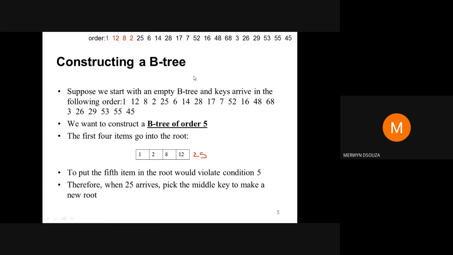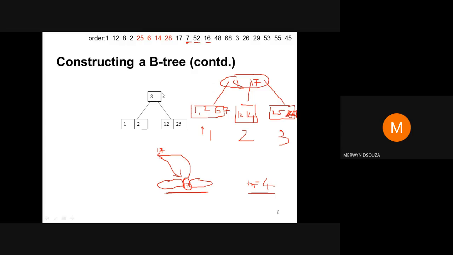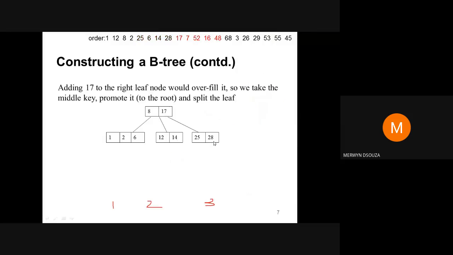Okay, I'll do everything on this one slide here, so that you all can understand. Let's do it here. So you start with the first four values. I'm starting with four values because we had started with the maximum number of keys given as m minus 1.